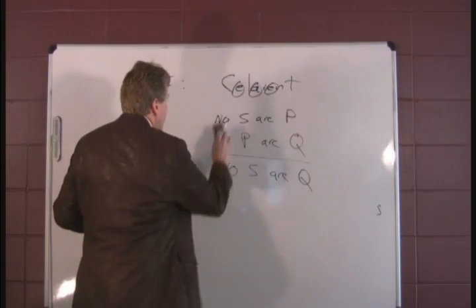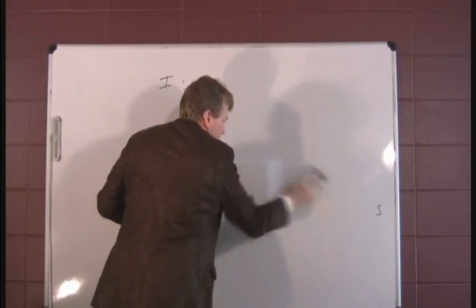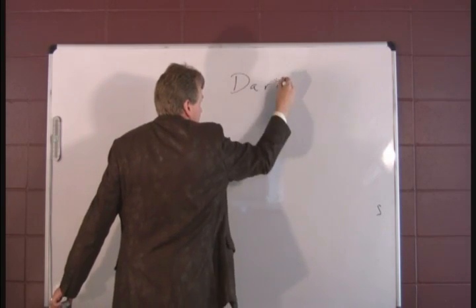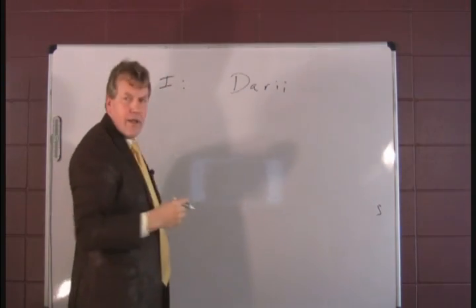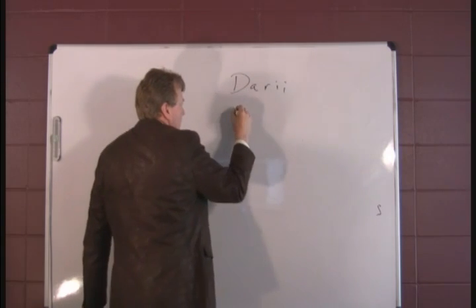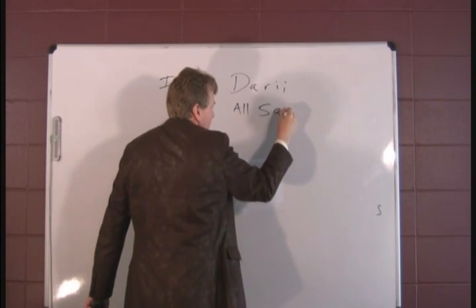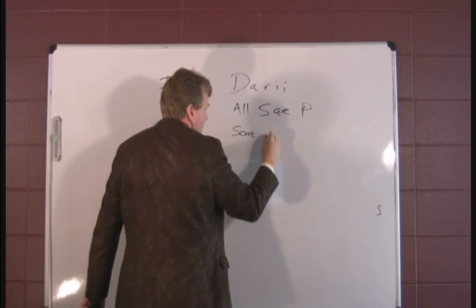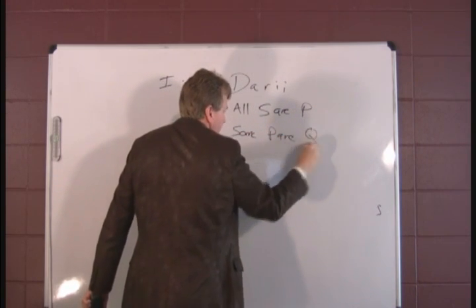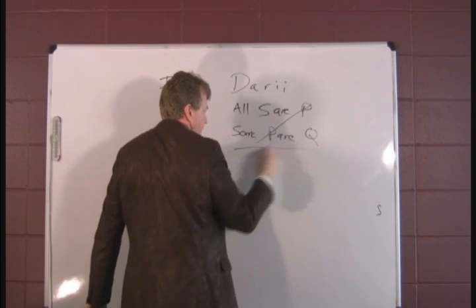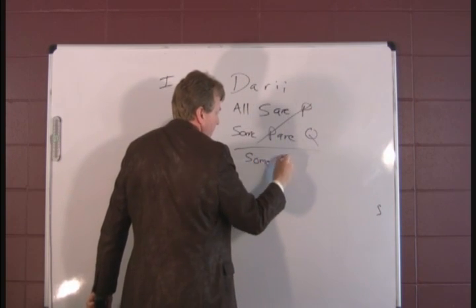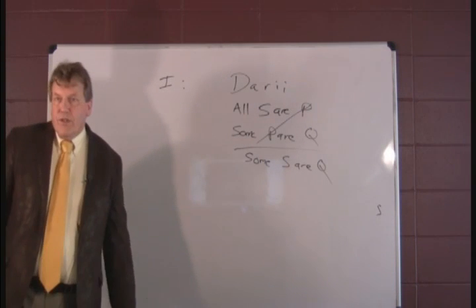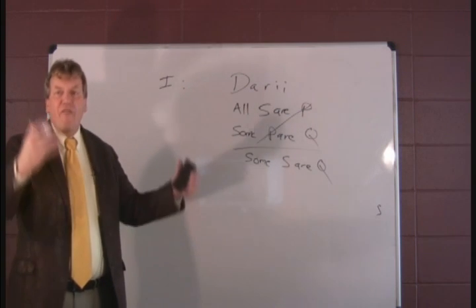Then we go to, I'm not going to do this, Darii. And there we got an AII, so that's all S's are P, some P are Q, therefore some S's are Q. Darii. Then we have Ferio.